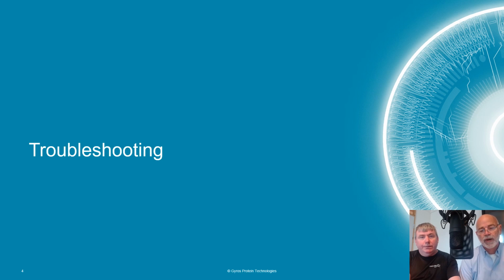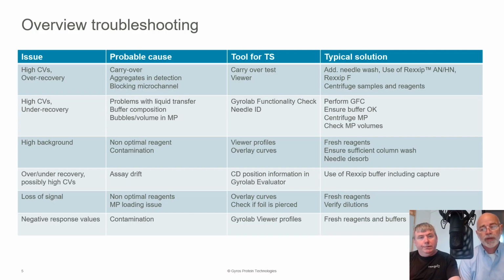And so I'll give you a matrix to think about what you see with the results and then possible solutions so that you have a starting point for how you can approach troubleshooting on the Gyrolab. So here I won't go over these in individual examples in detail, but you can see here on the left in this table the types of issues that you see. And one of the things I always want to do is to differentiate when I'm seeing a high CV issue.